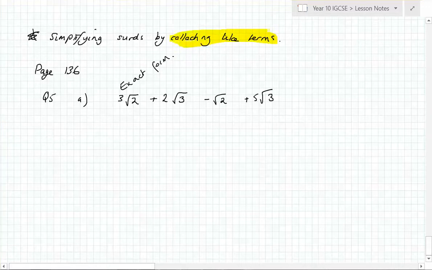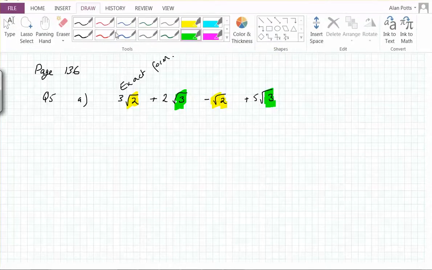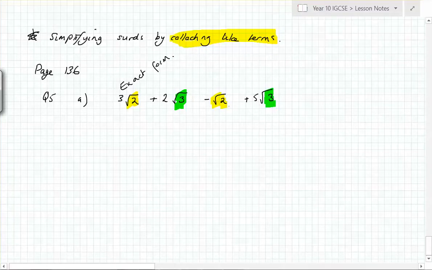And in algebra, you would do x's and y's, a's and b's, p's and q's, whatever. This time, we've got root 2's and root 3's. They are different, they have to be kept separately. So you take 3 root 2 minus a root 2, we're left with 2 root 2's. We don't do anything else, there's no need. And we've got 2 root 3's, add 5 root 3's makes 7 root 3's. And that's it. That's simplified.